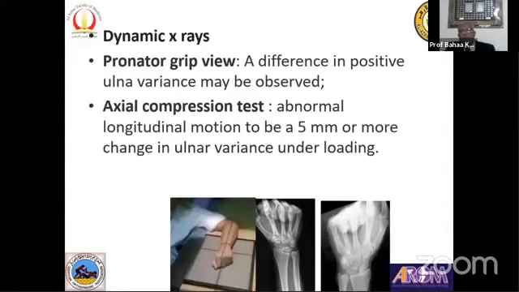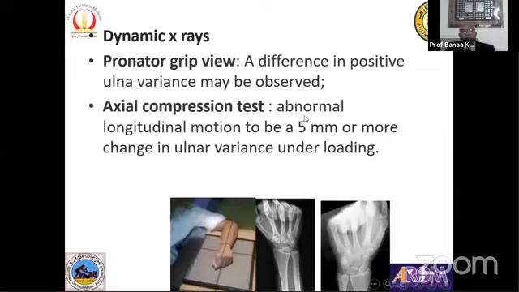What about the dynamic X-ray? Dynamic X-ray can be done by pronated grip views. A difference in the ulnar variance may be observed after the patient relaxes and then makes a pronated grip; there will be movement of the ulna in relation to the radius.